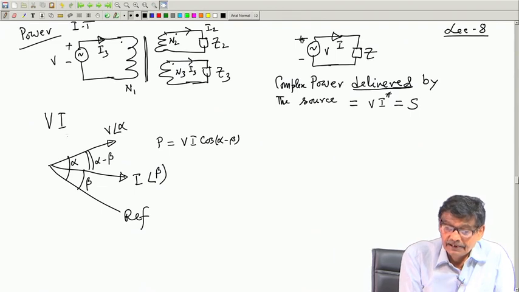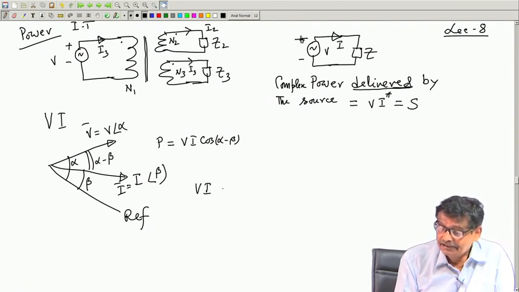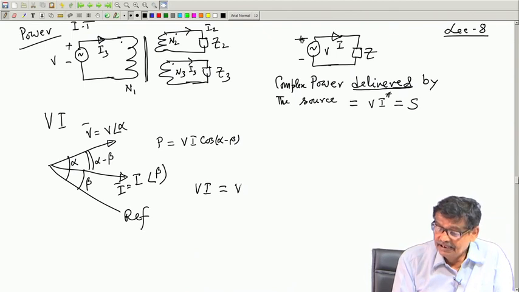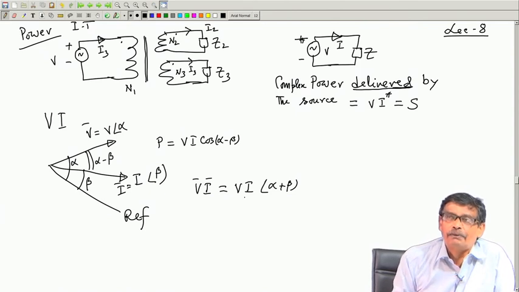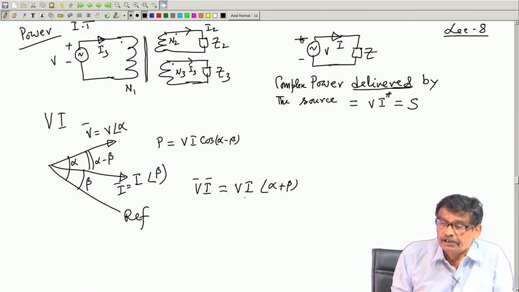So, if V is V angle alpha, I am omitting the bar all the time, but these are phasors. If you simply multiply these two complex numbers, it will become V I angle alpha plus beta, and the real part of it is not real power. For the general case, you do not know, voltage might have some angle and current might have some angle with respect to some other reference phasor.